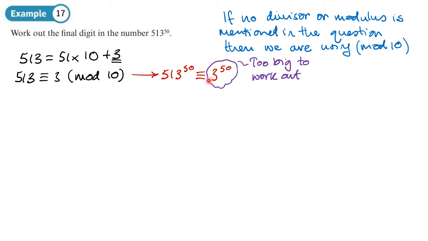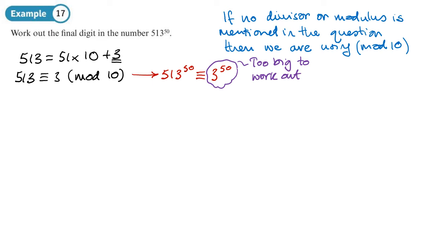So we need to find a smaller power of 3 that we can use. Well, it needs to be something that goes into 50, for example.